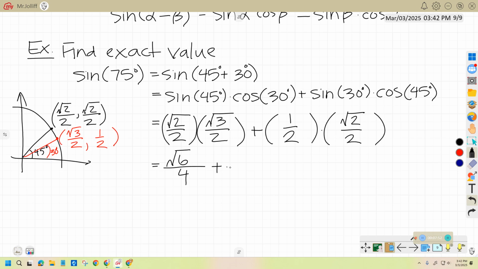Next fraction, 1 times root 2 is root 2. In the denominator, 2 times 2 is 4. And if you want to be a proper fancy pants mathematician, you write that as a single fraction, square root of 6 plus square root of 2 over 4.